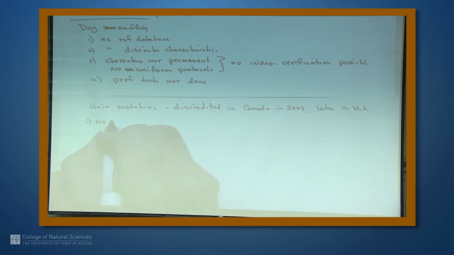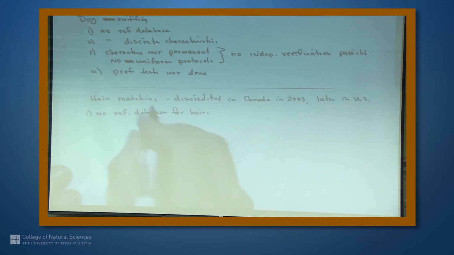Although you could have easily had it, there were no reference databases for hairs. Characteristics used were not discrete.